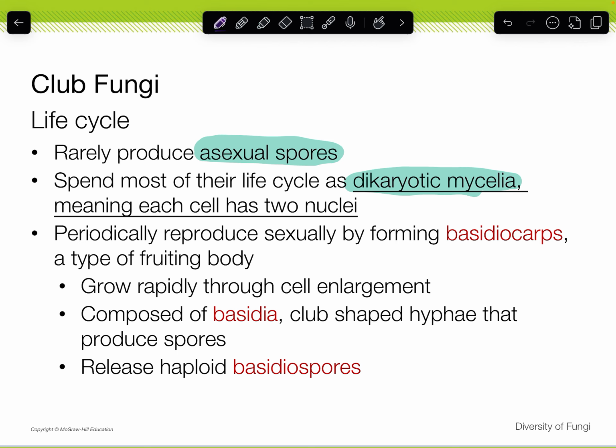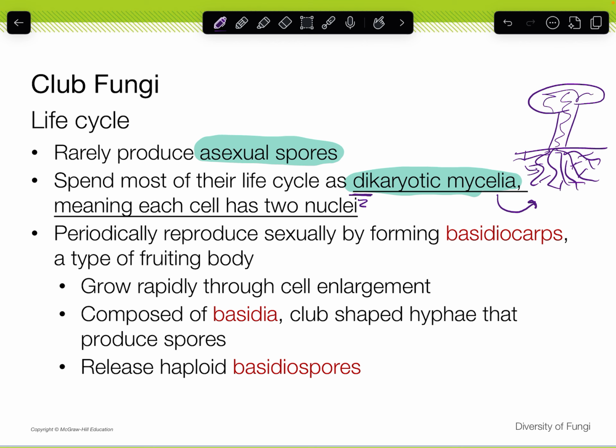Let's break that down. Remember mycelia from our last section: if we have our mushroom, we're going to have mycelia under it, getting nutrients. It's that branching of hyphae, so highly branched hyphae. And remember, we still have hyphae that's inside. But then we get to dikaryotic.